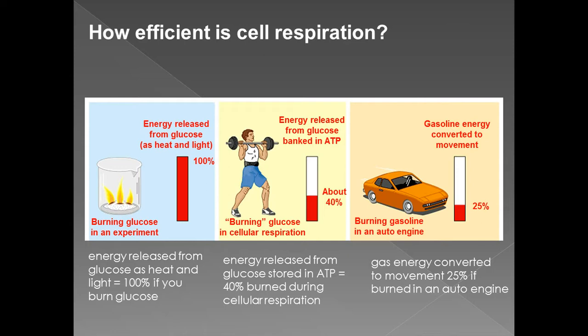But if you compare that to a car, which is converting the gasoline energy into mechanical energy or movement, you only get 25% conversion in order to fuel your car. So cellular respiration is more efficient than using gas to fuel a car, but less efficient than simply burning it straight out.